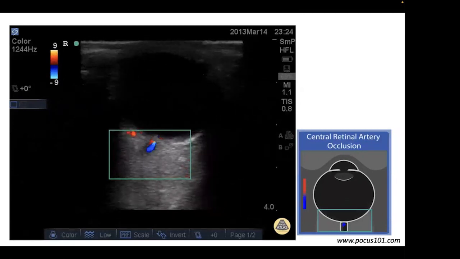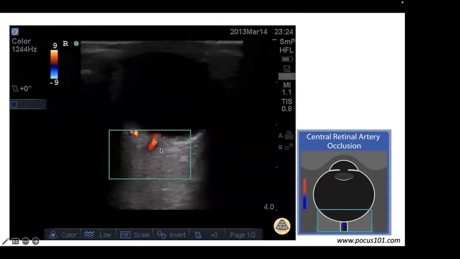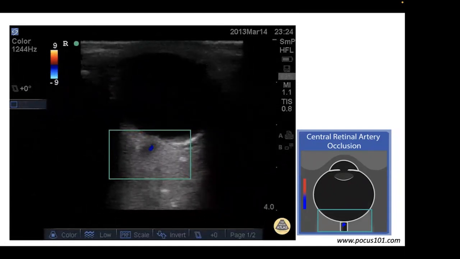And then finally, central retinal artery occlusion is something which can be picked up using ocular ultrasound. This does require use of color Doppler. Putting the Doppler on the optic nerve, we should see flow of both the artery and the vein. In this example, flow towards the ultrasound probe at the anterior portion of the eye is red, which is arterial flow towards the probe, and then blue is flow away from the probe.